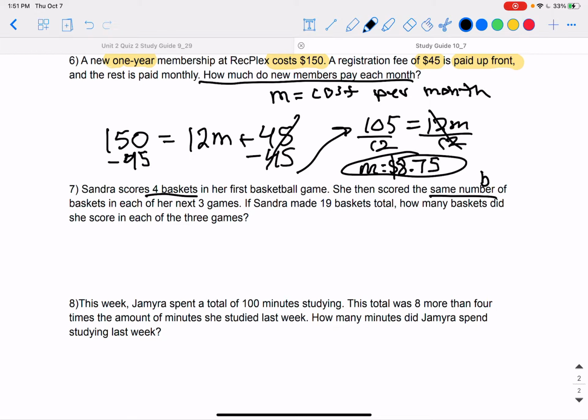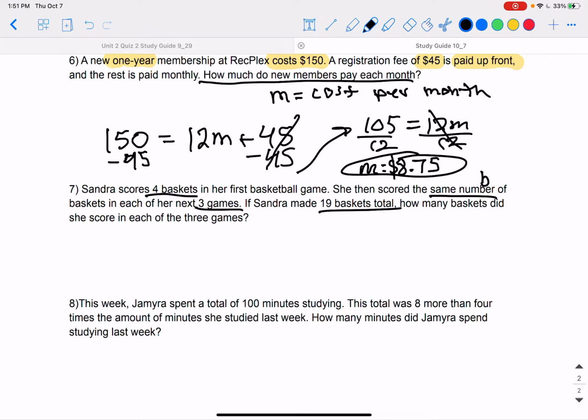In the next 3 games, okay, so 3. If Sandra made 19 baskets total, okay, there's our total, then how many baskets did she score in each of the 3 games? So how many baskets she scored in each of the 3 games is B. So you need to write out on your paper what B represents.